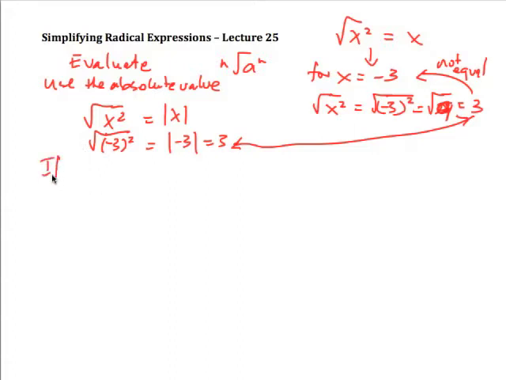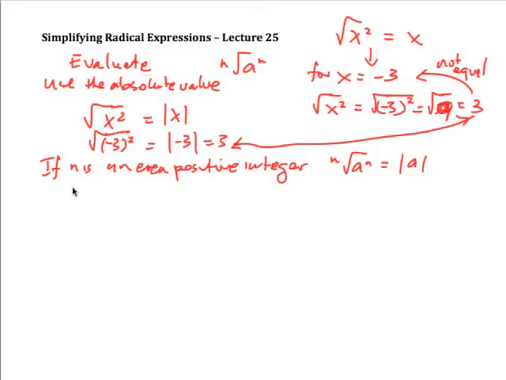And so if n is an even positive integer, then the nth root of a to the n is simply the absolute value of a.